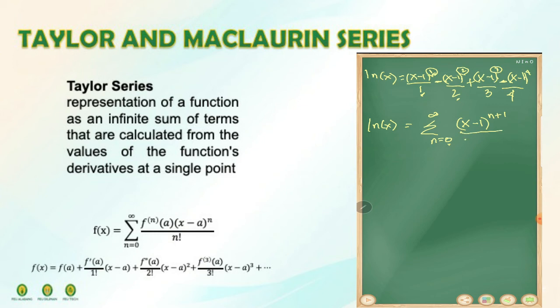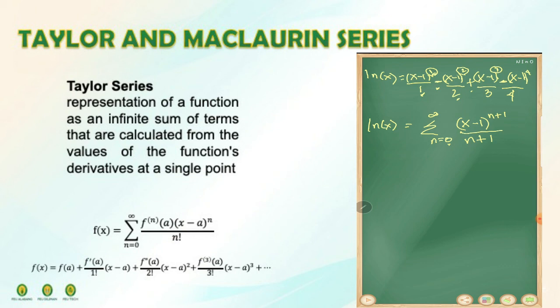So therefore we have an n plus 1. Now, the last thing we need to deal with is the alternating sign. So we have positive, negative, positive, and then negative.